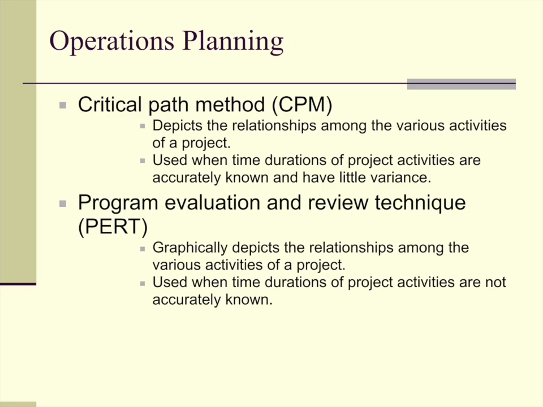And then use time duration, and depict the relationship of various activities. That is the point in the critical path method. And we have to identify the critical path. And then the program evaluation and review technique, PERT. That graphically depicts the relation among the various activities of the project.